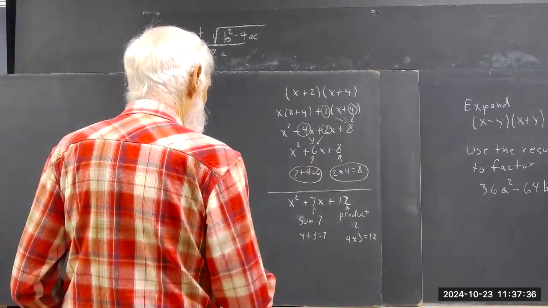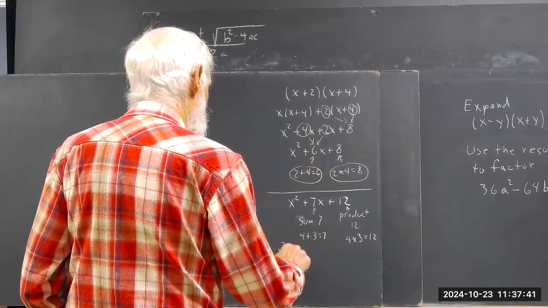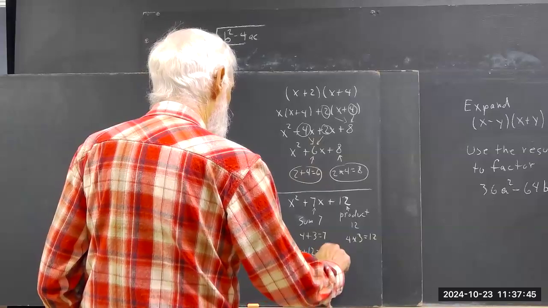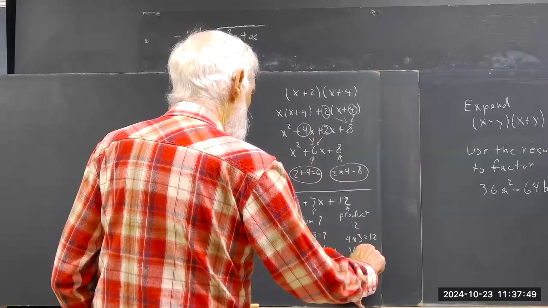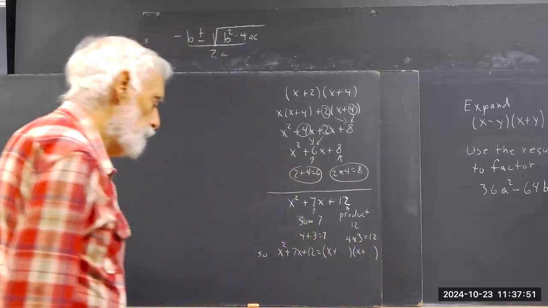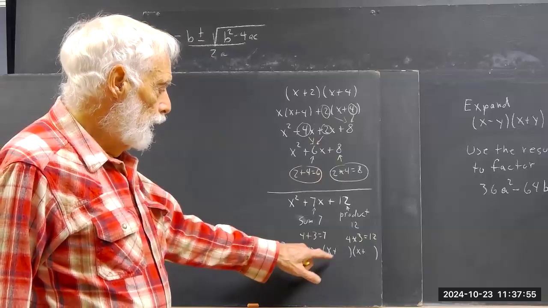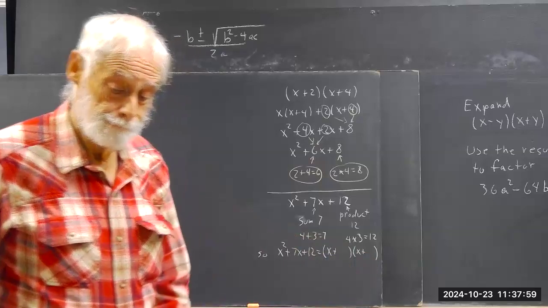So fill in the blanks. X squared plus 7x plus 12 equals x plus what multiplied by x plus what?